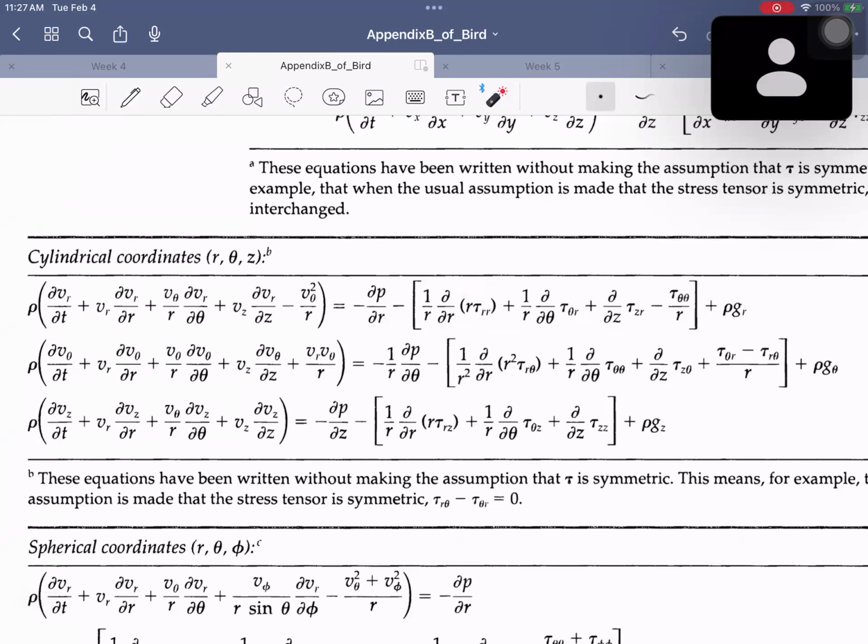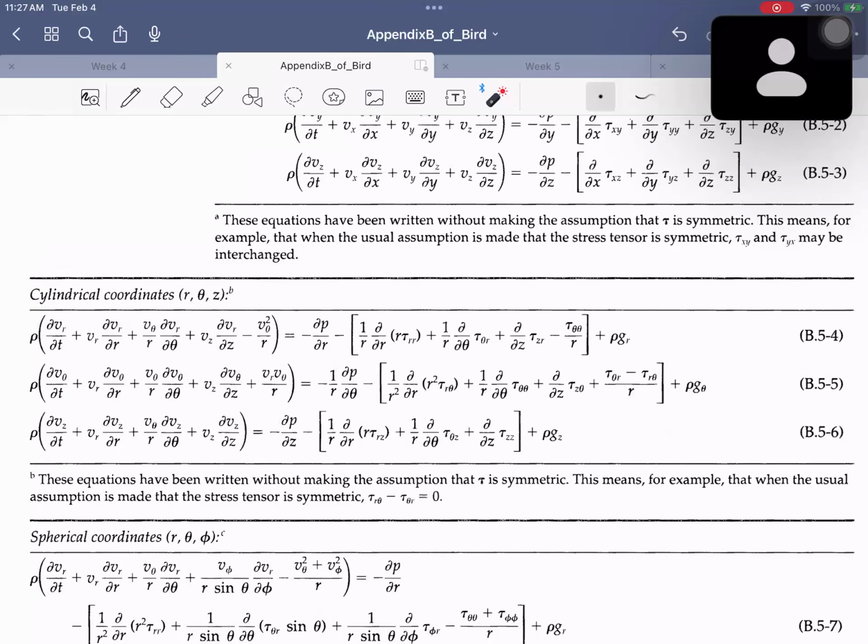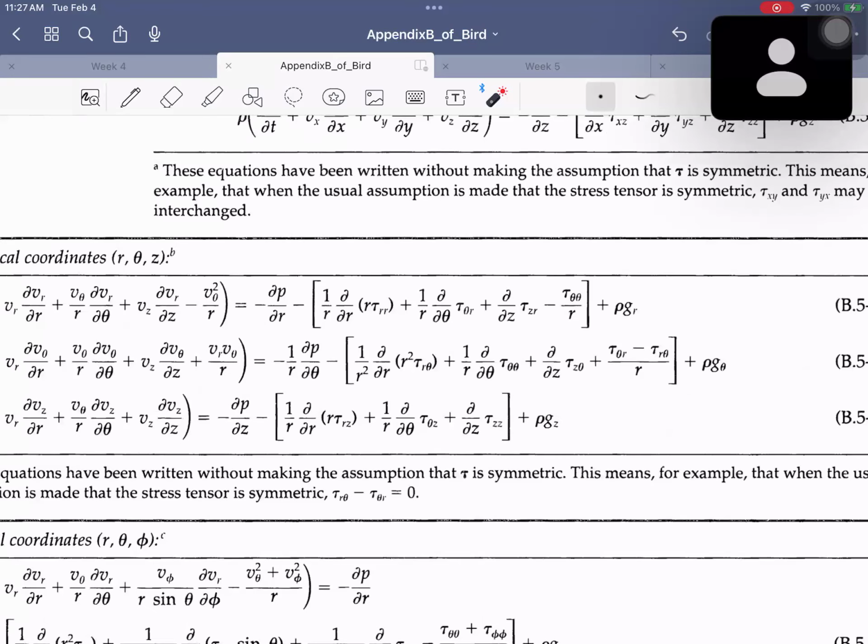Instead of the Navier-Stokes equation, can I apply the general equation of motion? The answer is yes, because this is the general equation of motion, and the Navier-Stokes equation is actually derived based on this equation.